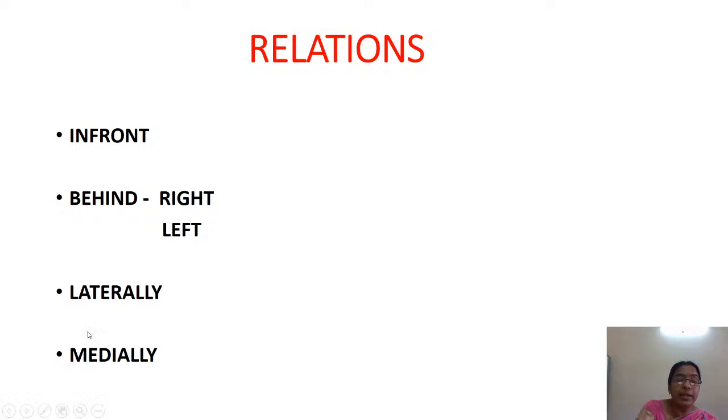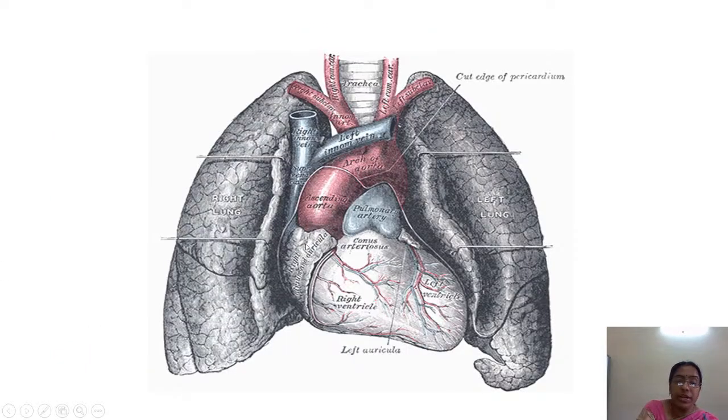When you go behind, to the right and the left side, you can see the lungs, because the lungs are present on either side, and the long tubes such as the trachea and esophagus.